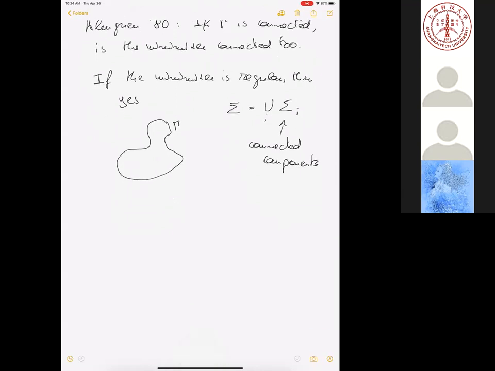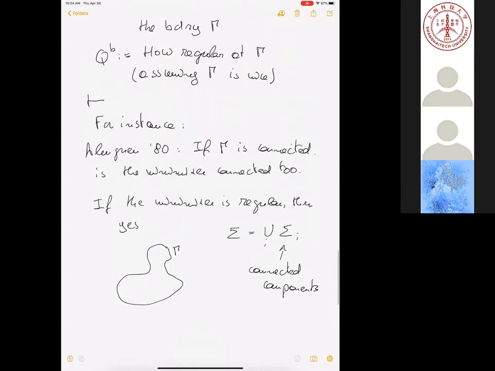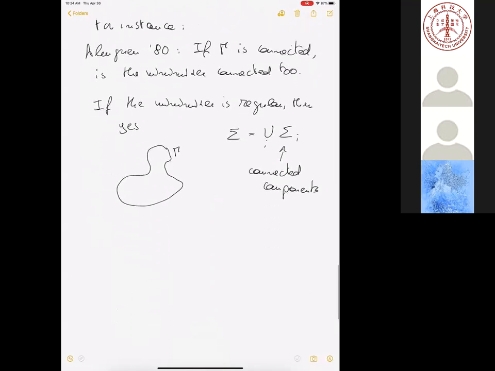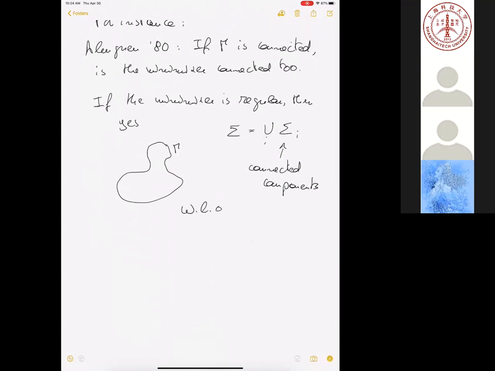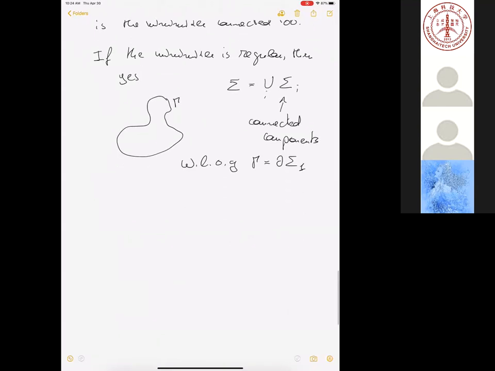Without loss of generality, gamma is the boundary of sigma 1.